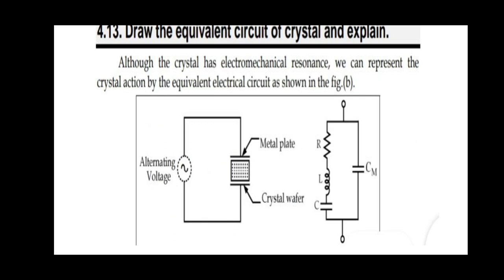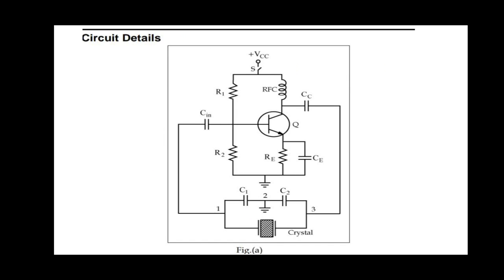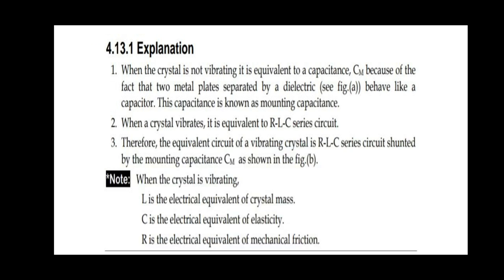This is the second figure. When the crystal is vibrating, L is equivalent to the crystal mass, R is the mechanical friction, and C is the electrical equivalent of elasticity. So the crystal behaves as a series RLC circuit in parallel with CM, the capacitance of the mounting electrodes.